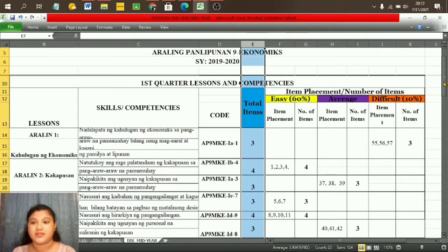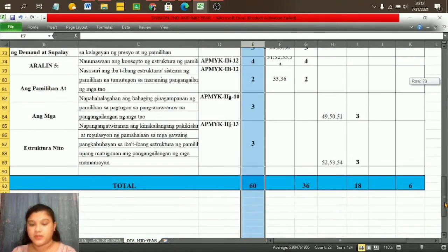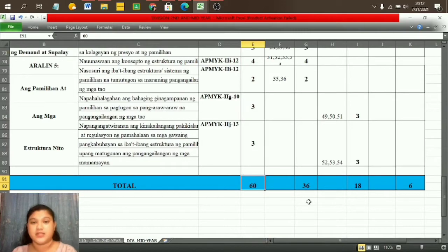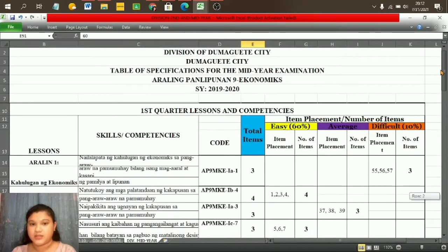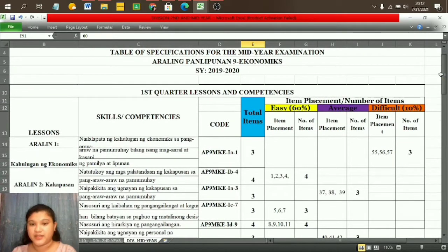So for this test, there are actually 60 items. This is a 60 item test. So it is divided into 3 categories: the easy, average, and difficult. For the easy, the test would include 60% easy test items. The average would be about 30%, and then the difficult would be around 10%.